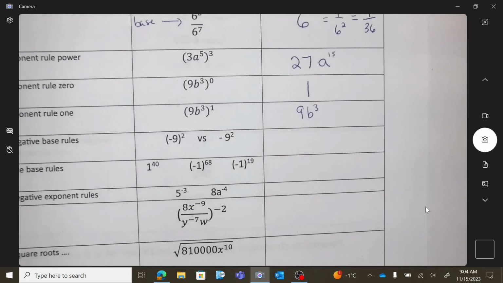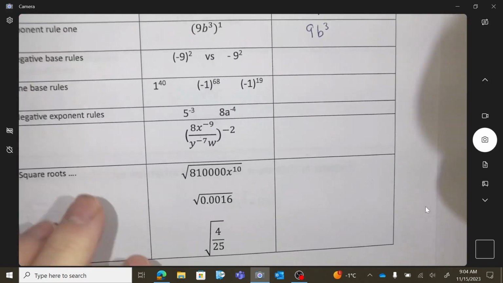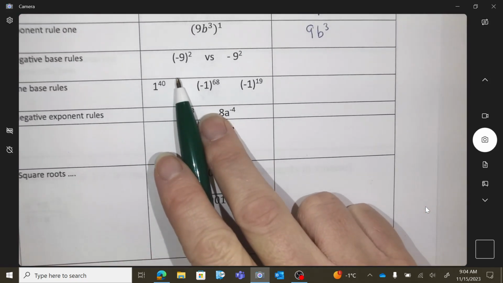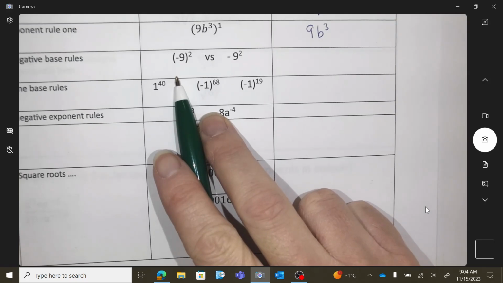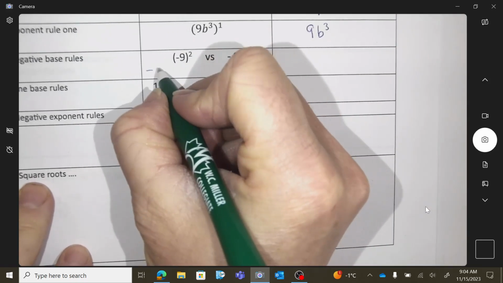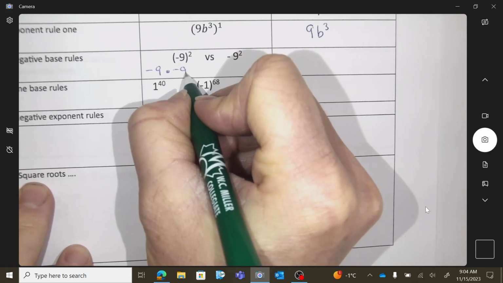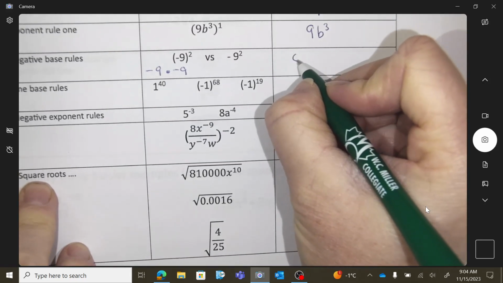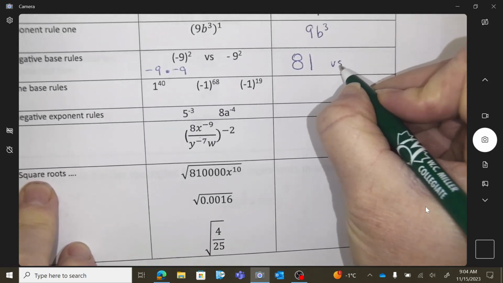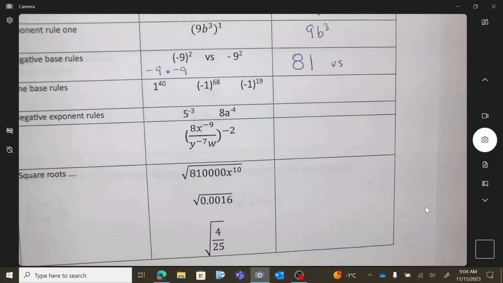Okay, next, a rule with negative bases. So this question says what is negative 9 squared? So what is negative 9 times negative 9? 81, positive.